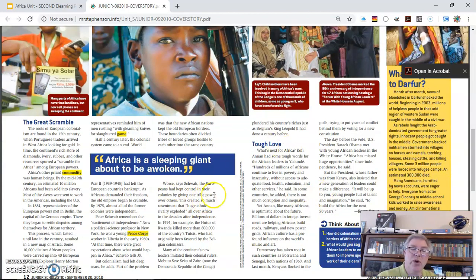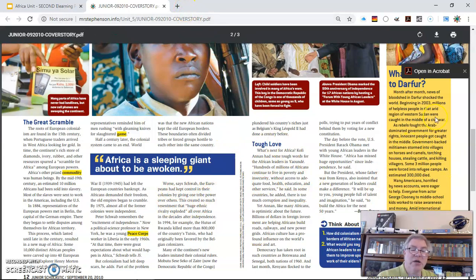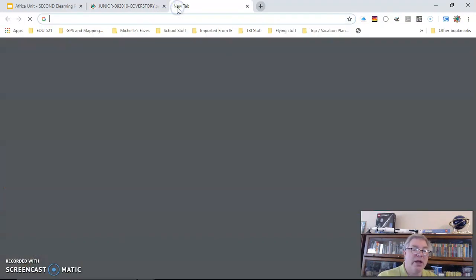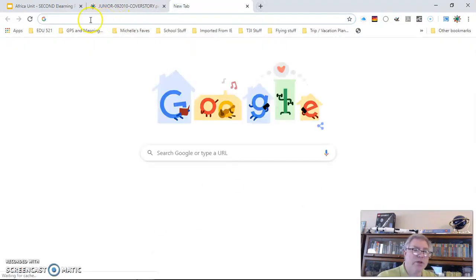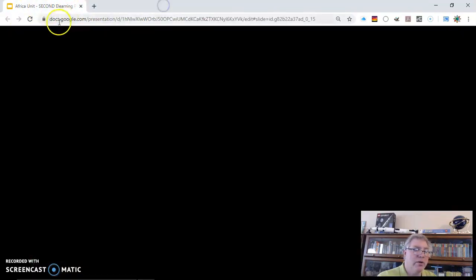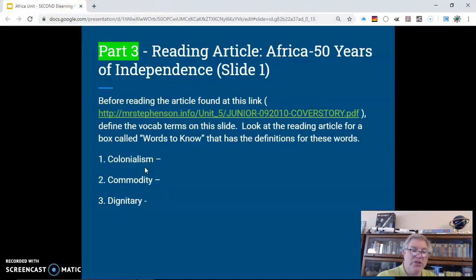So you look through and read that particular text. For the vocab terms, you look at that box that says words to know, and you answer the questions on your presentation. So colonialism, commodity, dignitary, those are all things that you want to be able to answer.